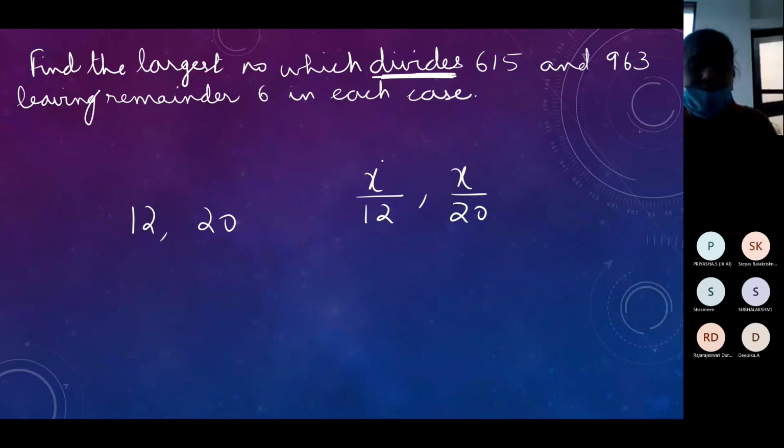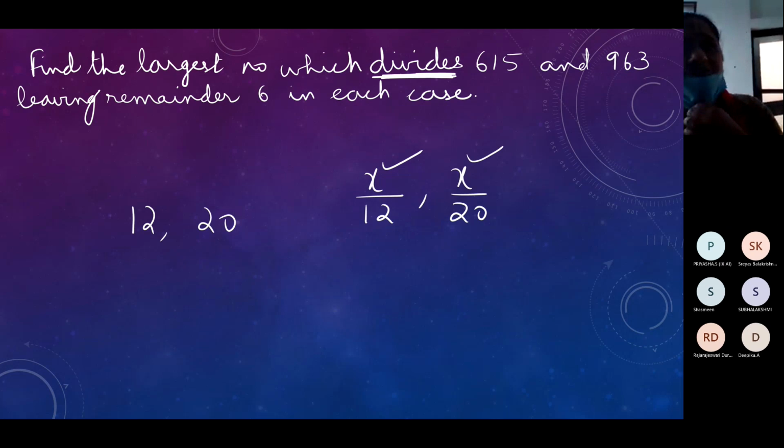If you're looking for the numerator, that means this number should be divisible by 12 and 20. When you're finding the numerator, you're finding a number that is exactly divisible by 12 and 20.